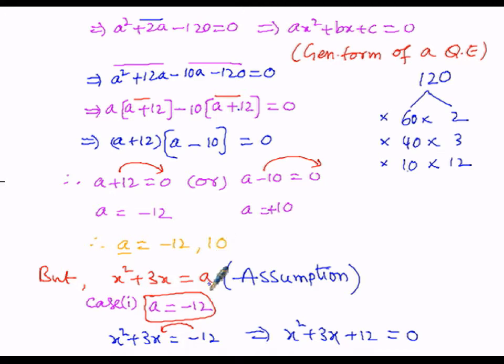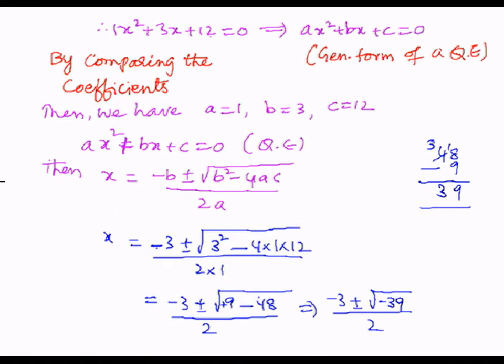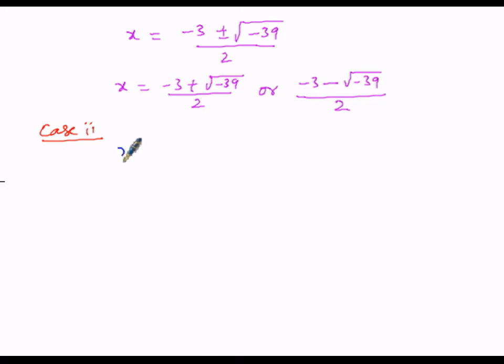So here now, x square plus 3x is equal to a is the assumption. In our assumption we are going to replace a is equal to 10.